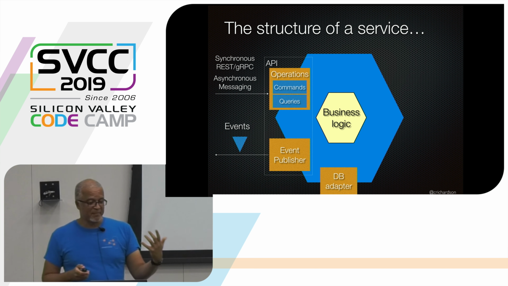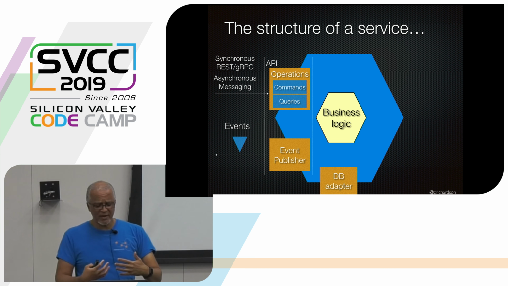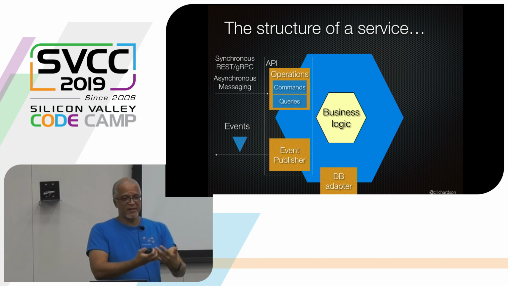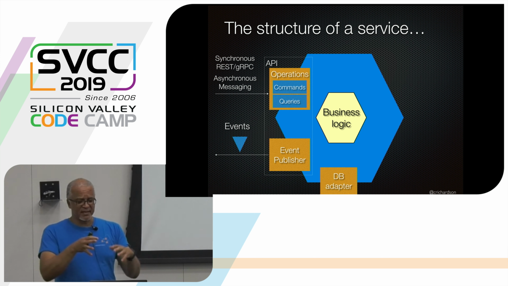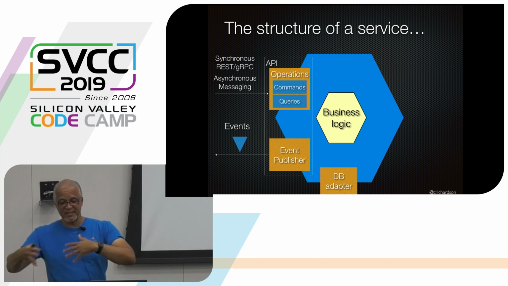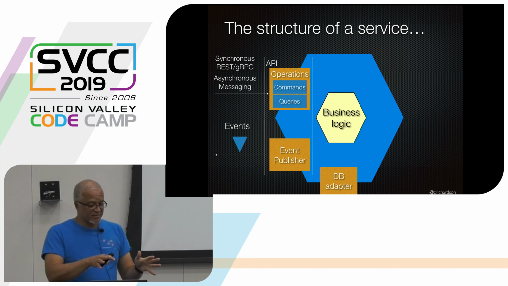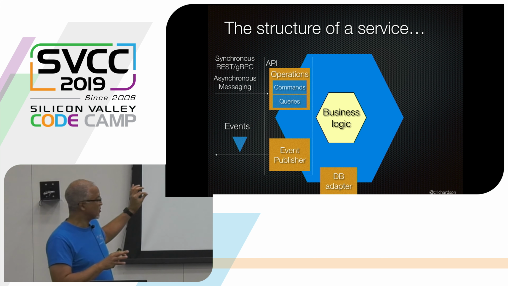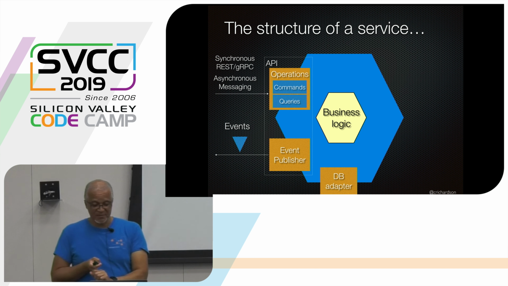The other part of the API is the events that a service can emit. It's quite useful for a service to emit events when something of interest happens, which is normally the creation or update of some business object. So in domain-driven design terms, a service will typically emit domain events when one of its aggregates changes.